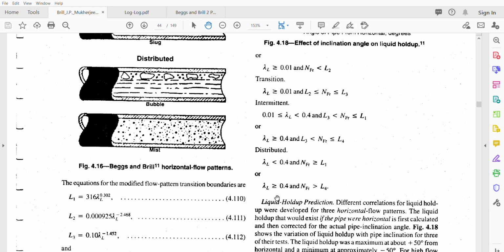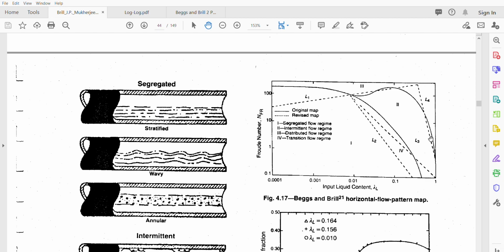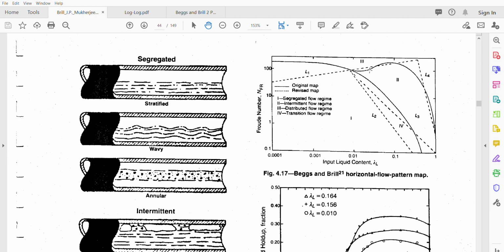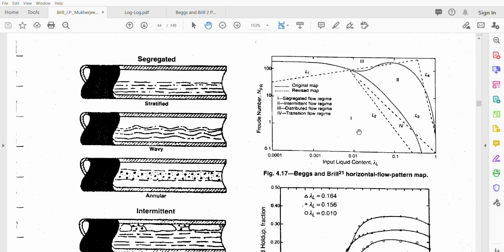If lambda L is higher than 0.4, NFR should be higher than L4. Okay, so that's basically it. I will ask you to construct this graph, and I will show you an example.